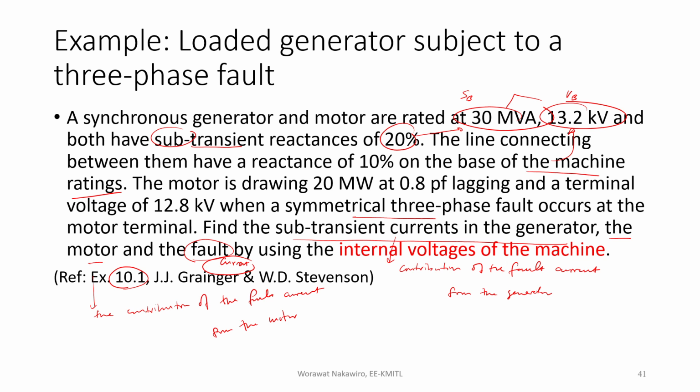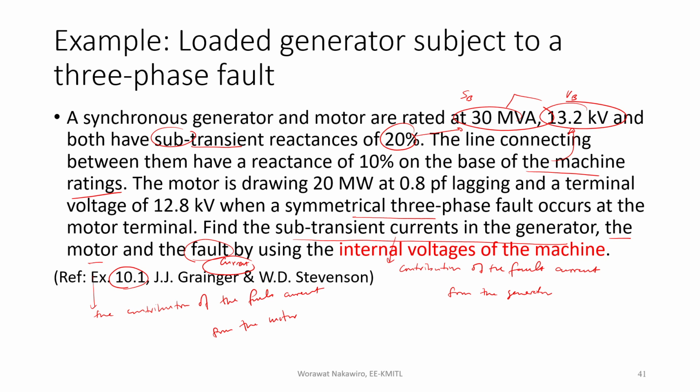Now the third question asks for the total fault current. If you interpret the question this way, you can see that question number three is just the sum of questions one and two.